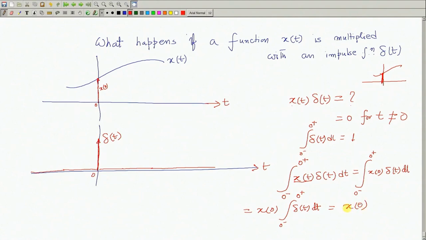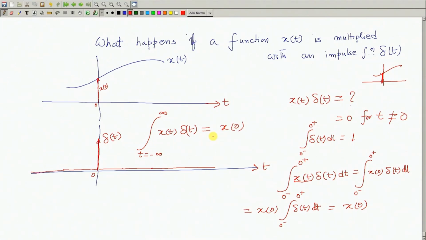Got the point? Therefore, if you multiply a function x(t) with delta(t) and integrate from t equal to minus infinity to plus infinity, this is going to give you x(0) only.